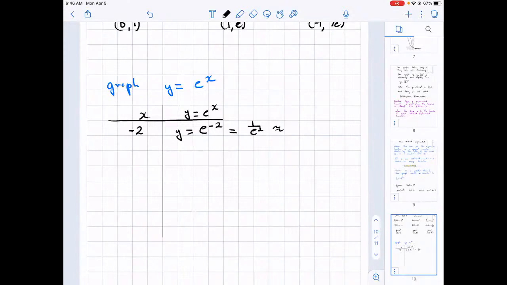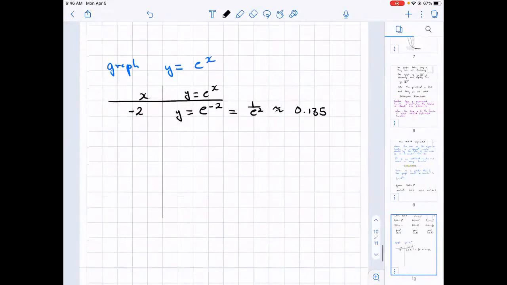And as a decimal, this becomes approximately 0.135, okay? If you try minus 1, you get y equals e to the minus 1, which is 1 over e, and that is approximately 0.368 to 3 decimal places.